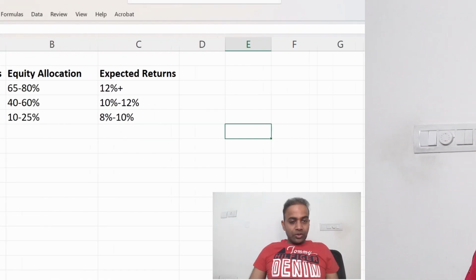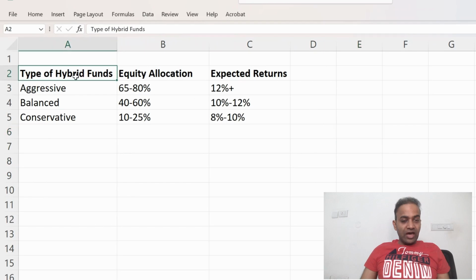And what is a hybrid fund? Hybrid fund is a fund which invests in both equity and debt, and there are different type of hybrid funds which we'll discuss. That is the first step which you need to do to start systematic withdrawal plan. Now we'll discuss what are the different type of hybrid funds and which type of fund you should select to implement systematic withdrawal plan. What are the types of hybrid funds we have?